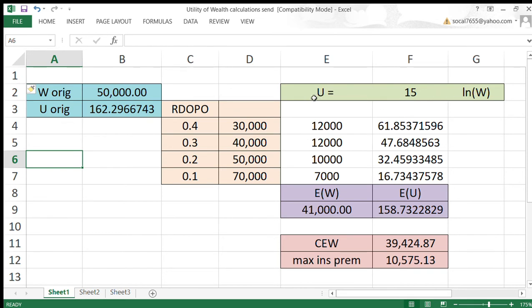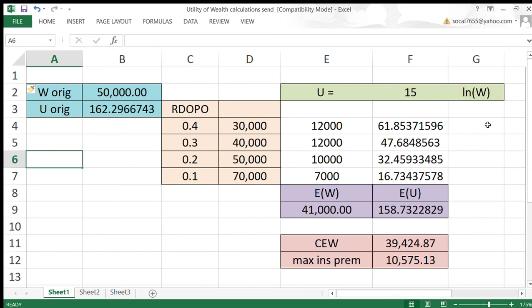So we have 158.7322 equals 15 times the natural log of W, okay? The first thing we do is divide 158.7322 by 15, and we realize that that's equal to the natural log of W, okay?